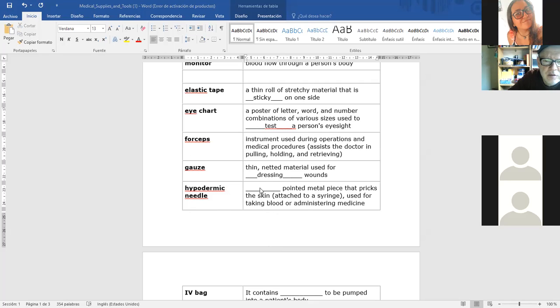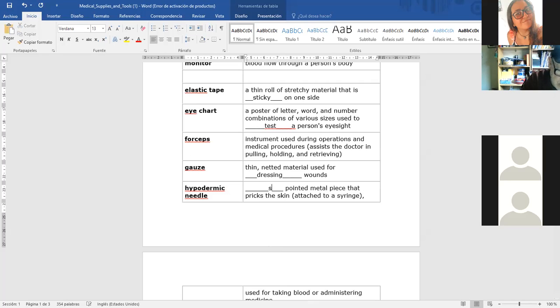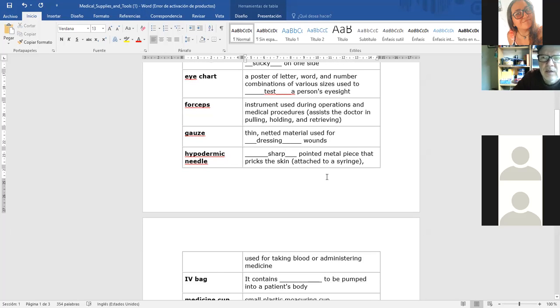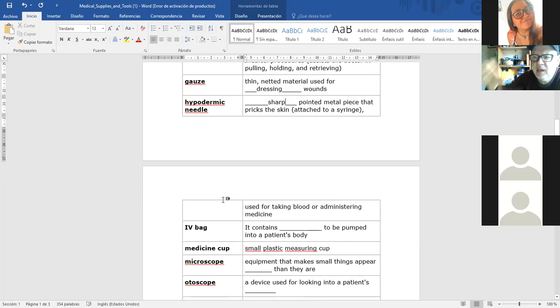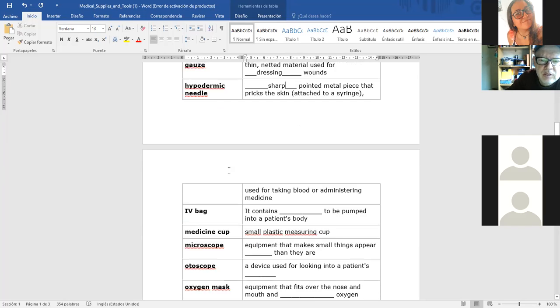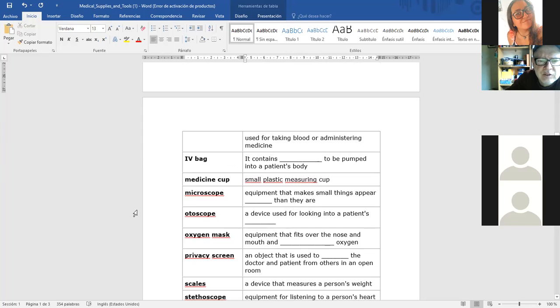Sharp, yes. Las agujas son siempre puntiagudas y filudas. Sharp pointed metal piece that pricks the skin and is used for taking the blood or administering liquids, medicine, whatever, right? So we have the needle and we have the syringe that go together and are used to extract or inject liquids.